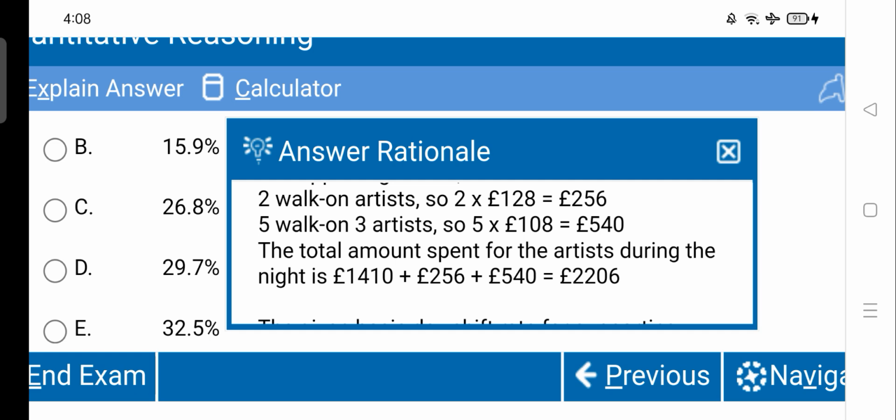The total amount spent for the artists during the night is 1410 pounds plus 256 pounds plus 540 pounds equals 2206 pounds.